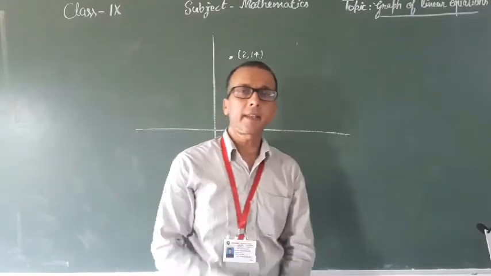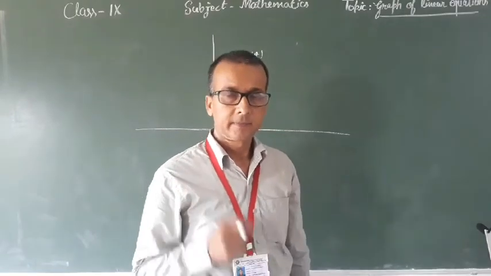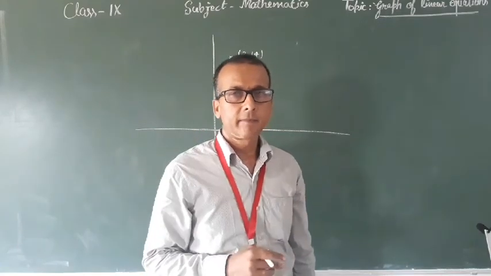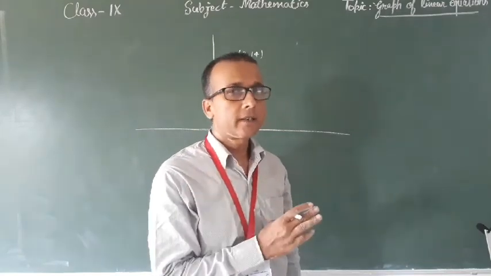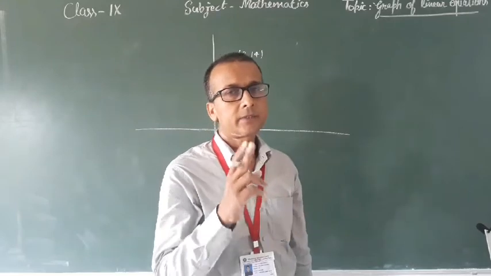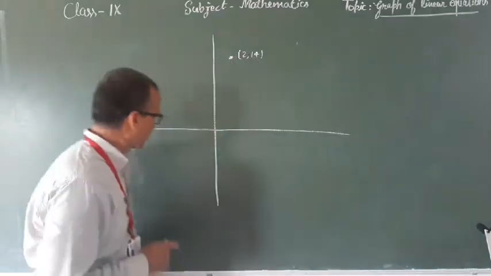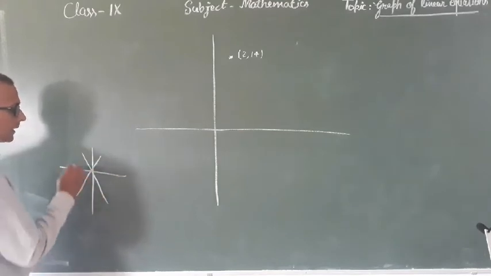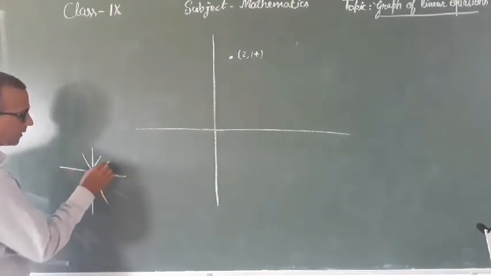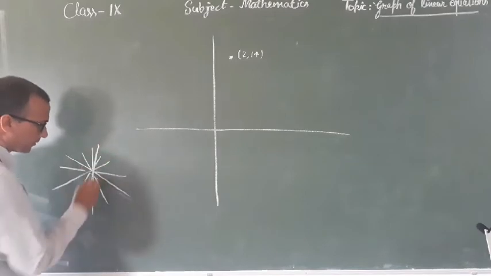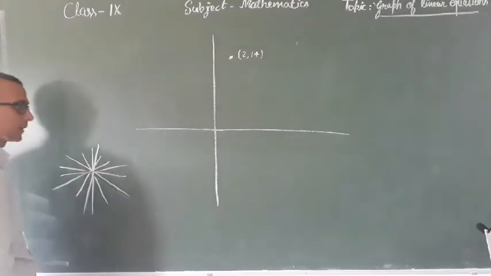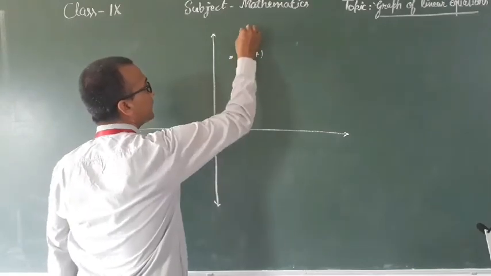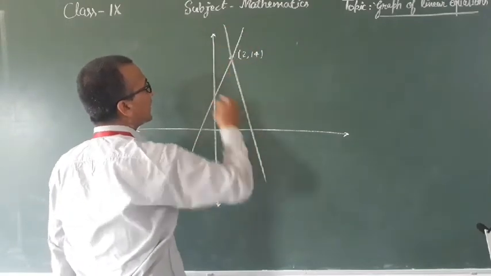If you have a point, then infinitely many lines you can draw from it, which will pass through that point. For example, it is a point and we can draw infinitely many lines which pass through this point. We can draw a lot of lines which pass through this point.